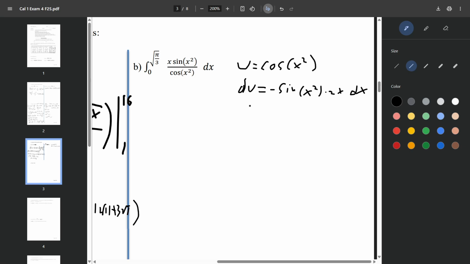So our dx is going to be equal to du over negative sine x squared times 2x.